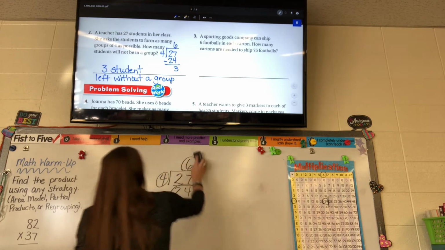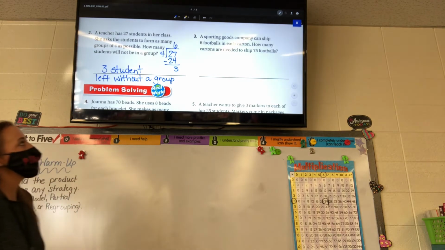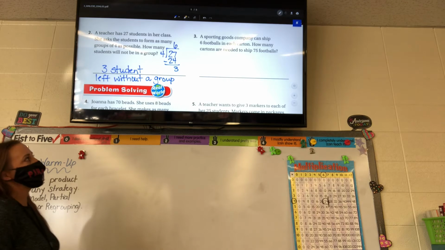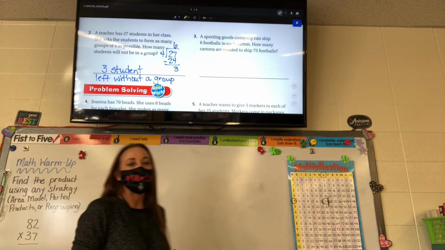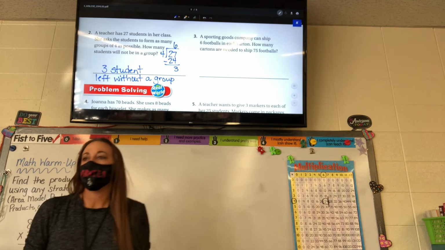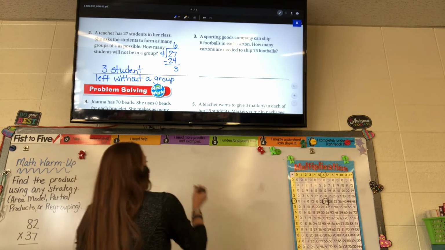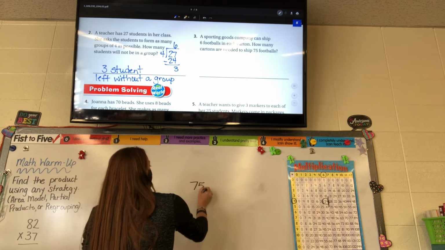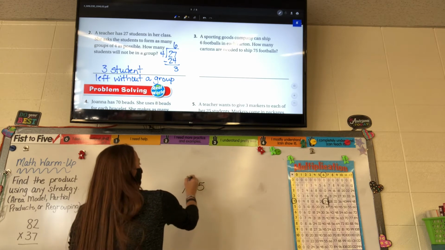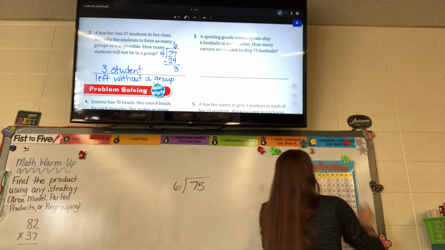So the next question says, a sporting goods company can ship 6 footballs in each carton. How many cartons would they need to ship 75 footballs? So here's the problem, 75 footballs divided into cartons that hold 6.